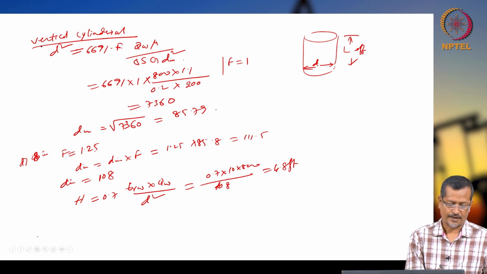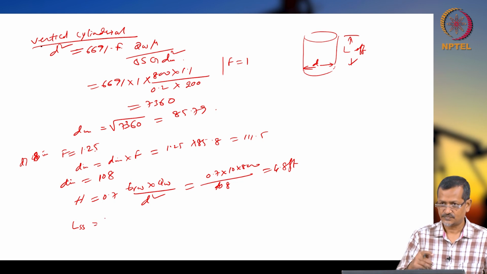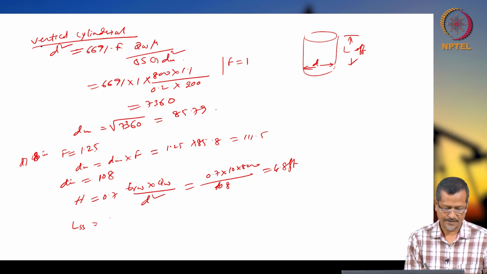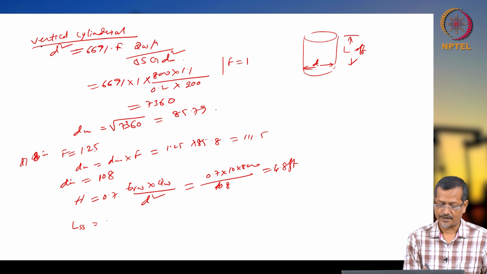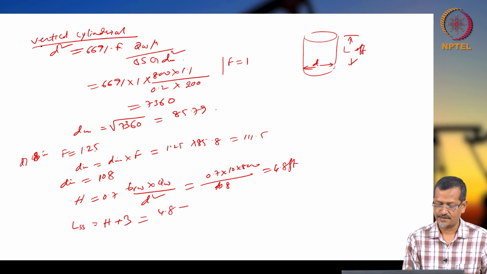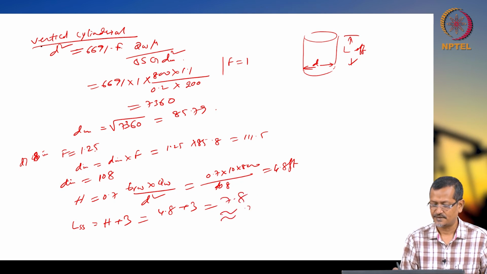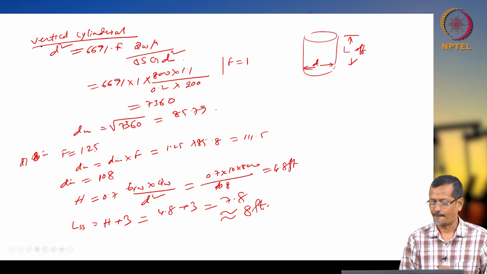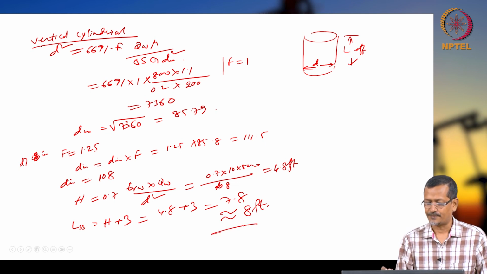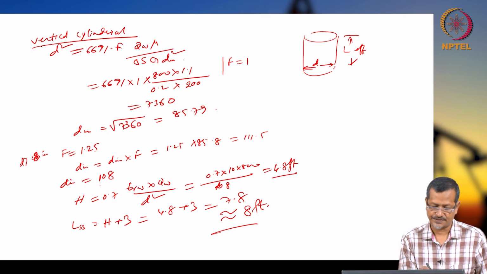And the height of the skimmer, L S S, the same as the length of the skimmer height. They are adding H plus 3. So H is 4.8 plus 3, so 7.8, approximately 8 feet. This is the approximate value for height, and this is the diameter.